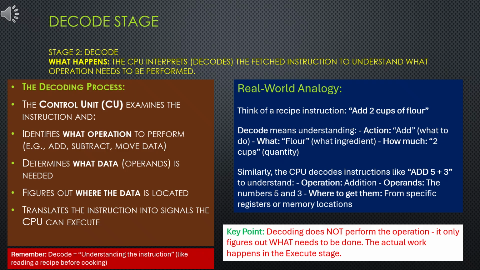The most important thing to remember here, no work is actually being done yet. I repeat, no work is actually being done yet. At this stage, we are just setting the stage.